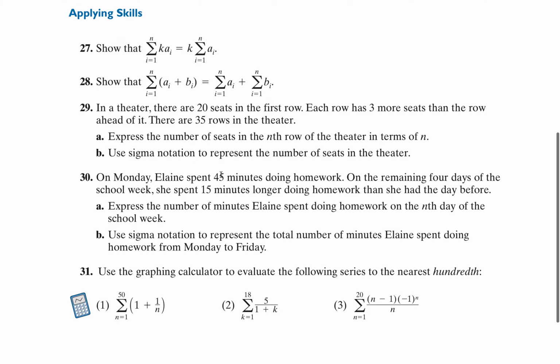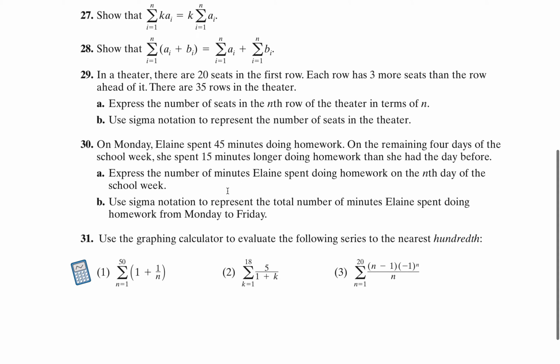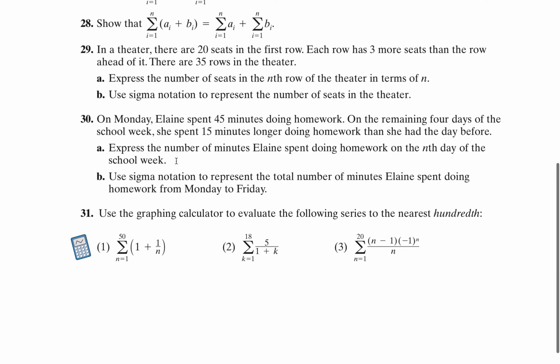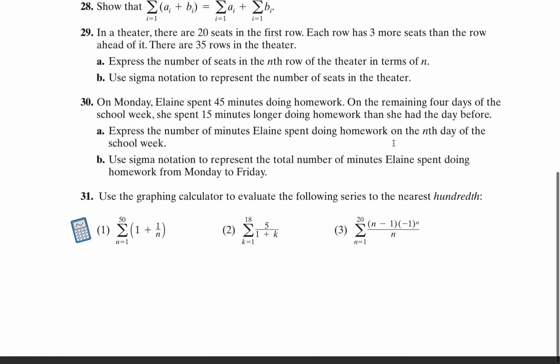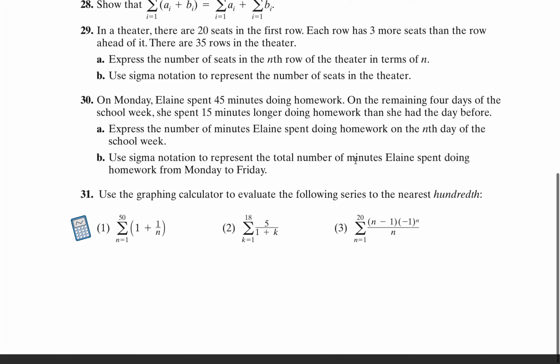And finally, let's find how many minutes Ellen spent per week on her homework. We have to find the sum of 5 terms. Use the formula. Sigma notation, the time spent doing homework on the nth day of the school week.